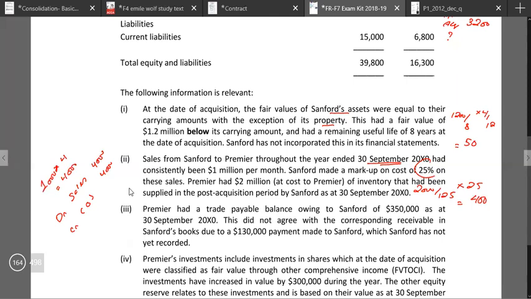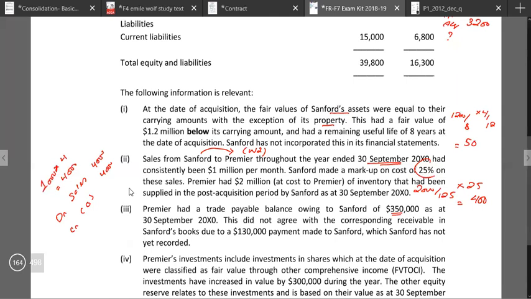So this is from Sanford to Premiur. That means it will be deducted from working number 2. Premiur had a trade payable balance owing to Sanford of 350,000 as at 30 September.